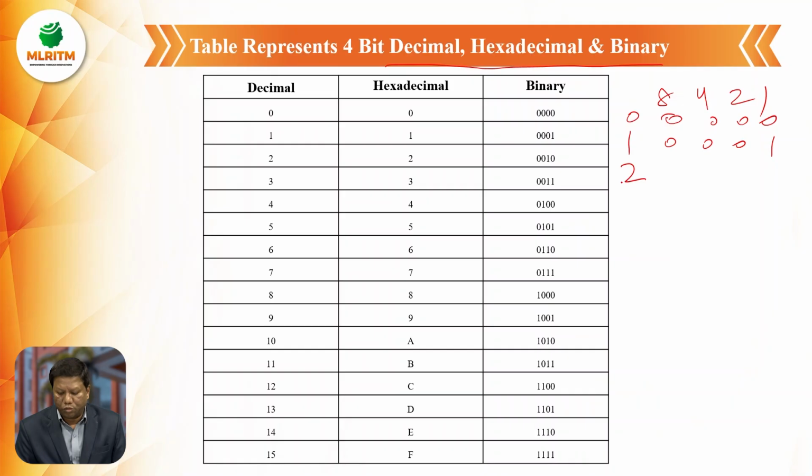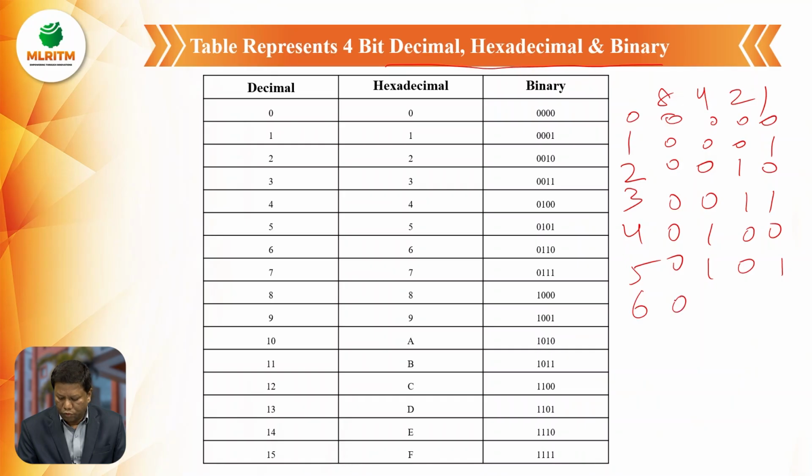When decimal value is 2, that bit is 1 and the remaining bits 0. 3 is 0011. 4 is 0100. 5 is 0101. 6 is 0110. 7 is 0111. 8 is 1000. 9 is 1001.